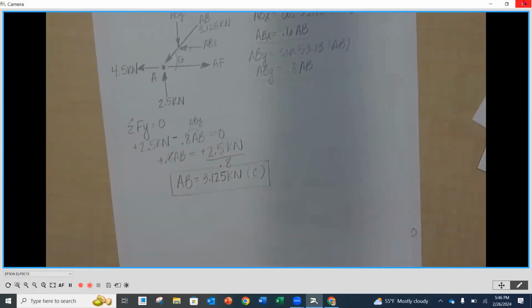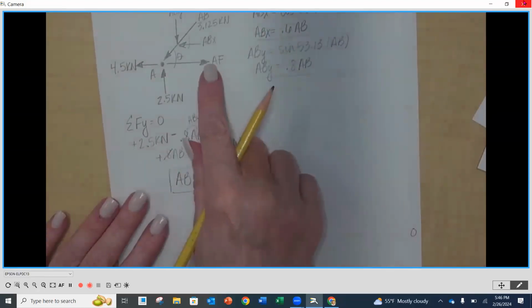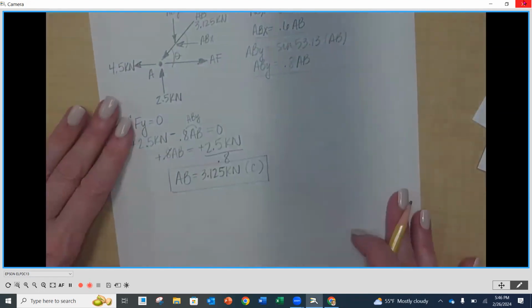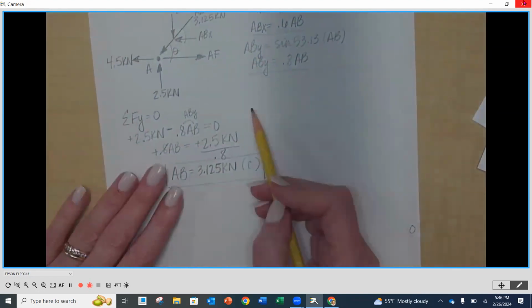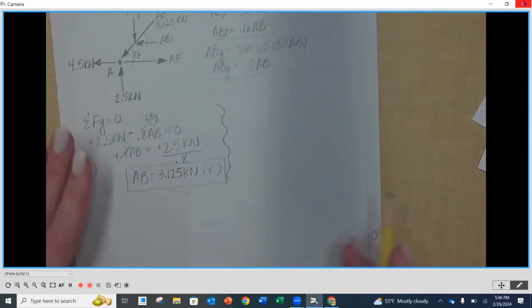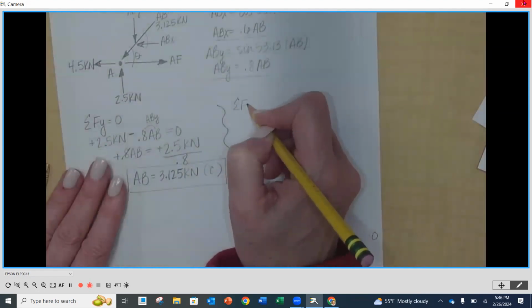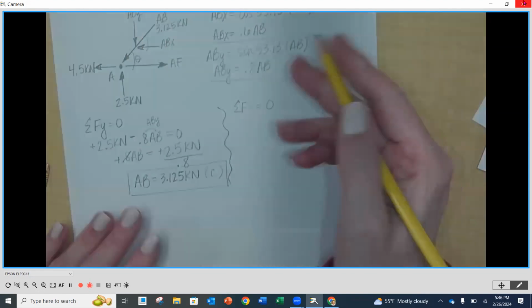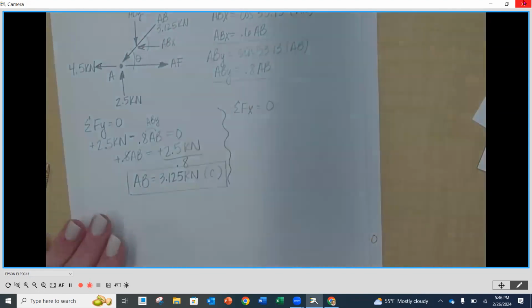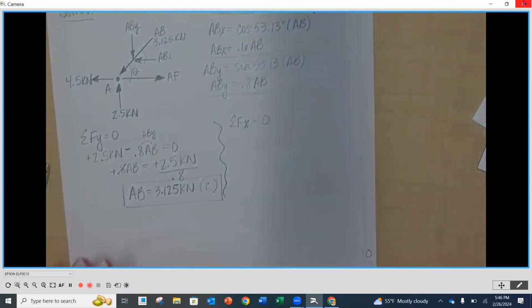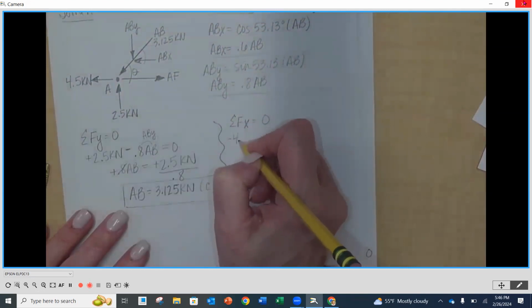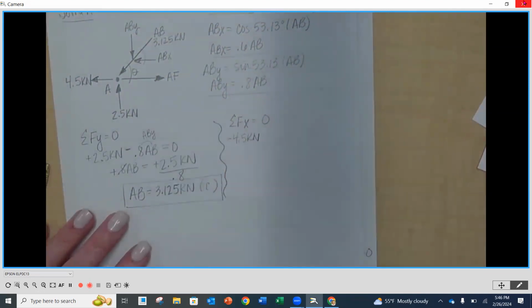Now I want to sum my forces in the X direction because I want to figure out AF, my next unknown. I'm going to sum my forces in the X. I've got a negative 4.5 kilonewtons.